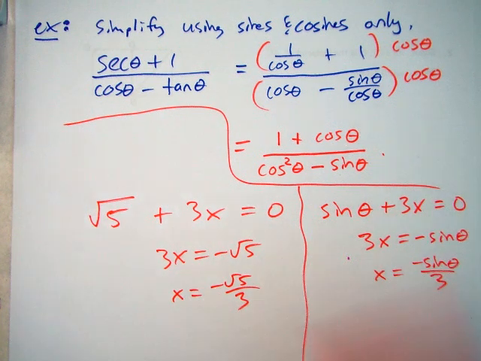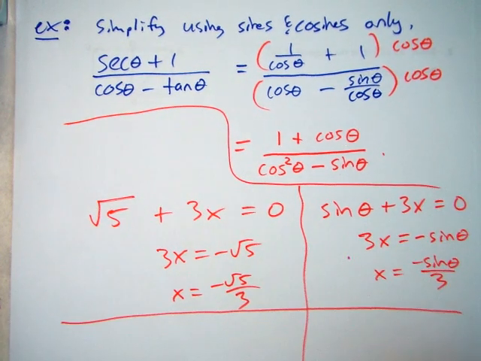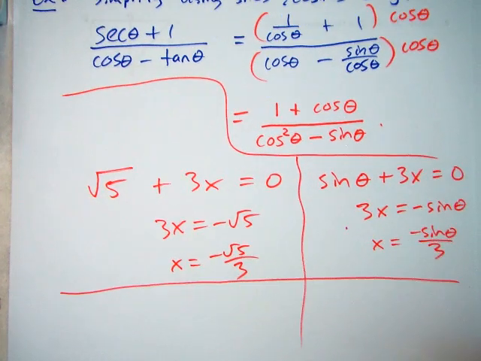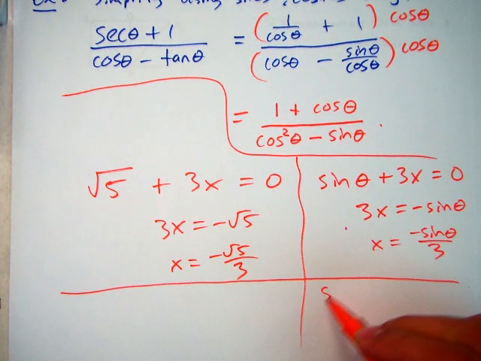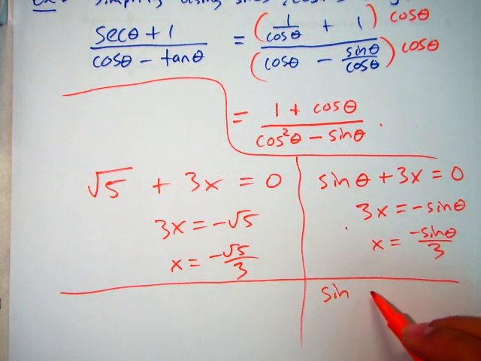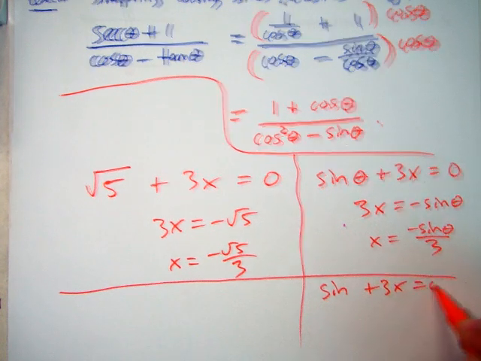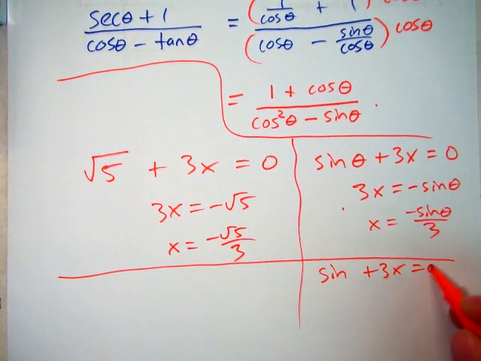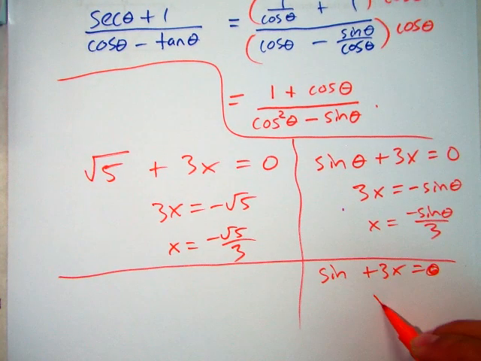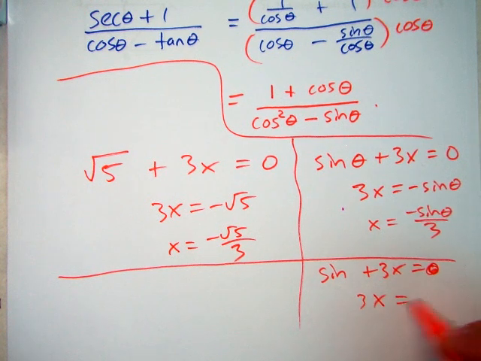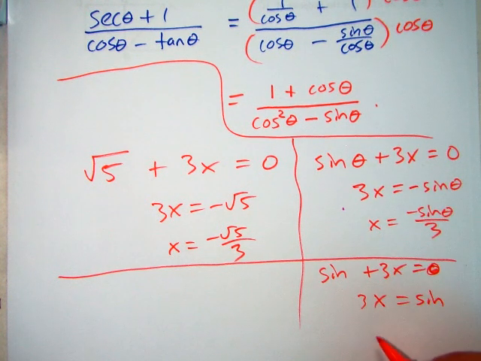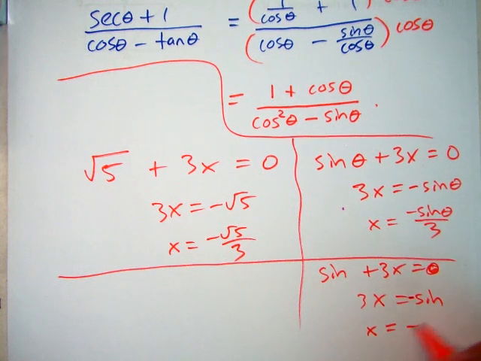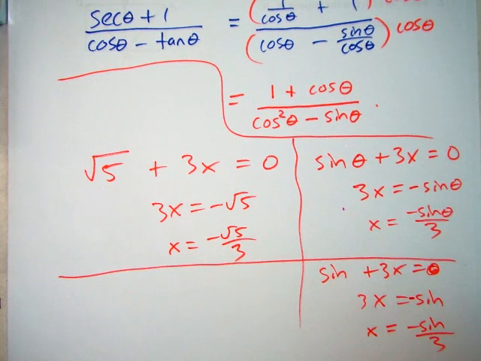I'm making a big fuss out of this because you're going to understand. If you say, well, I don't like writing those angles, so I'm just going to write sine plus 3x equals 0, and I'm going to get x alone, right? So 3x equals negative sine, and then x equals negative sine over 3, right? Looks good, right?